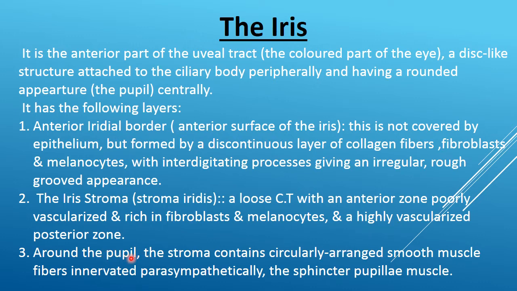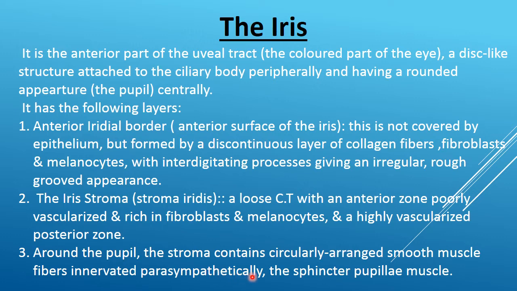So around the pupil, the stroma of the iris is going to have a numerous amount of circularly arranged smooth muscle fibers. These smooth muscle fibers are making up the muscles of the iris. These are actually the pupillary muscles. So these circularly arranged smooth muscles are the sphincter pupillae muscle of the iris, which are innervated by parasympathetic nerves through the ciliary ganglion.